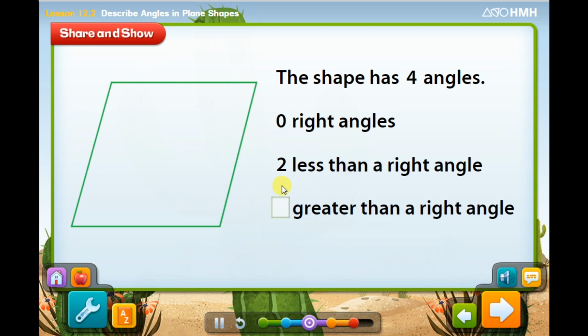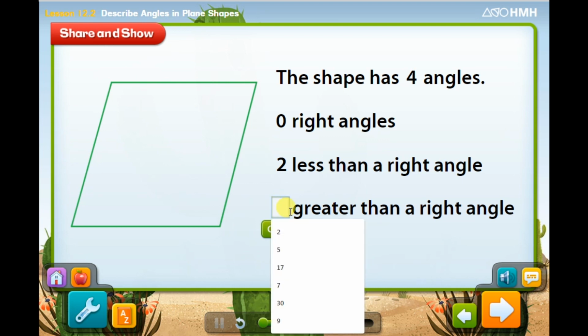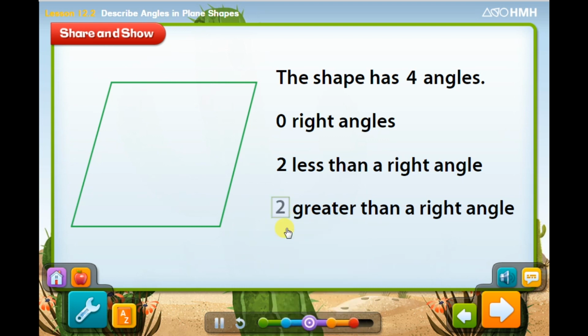How many angles greater than a right angle does the shape have? Wide open-mouthed ones, this one and this one. It's like sitting slumped on the chair. So it is 2. Good job. There are 2 angles that are greater than a right angle.